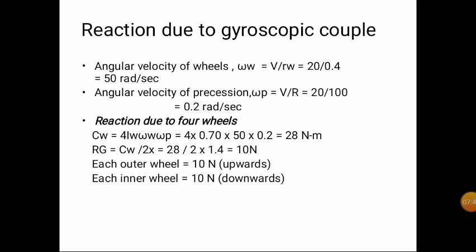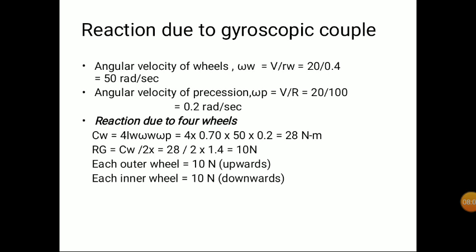When you are taking the gyroscopic action, you can see that it acts on the outer wheels and inner wheels. Suppose we are taking a turn, either left or right, it acts on the outer wheel and inner wheel, right? So the gyroscopic couple on the 4 wheels we know is 28 Newton meter.